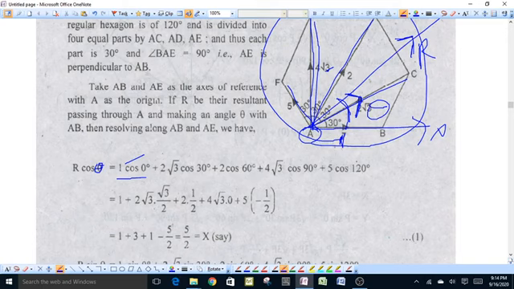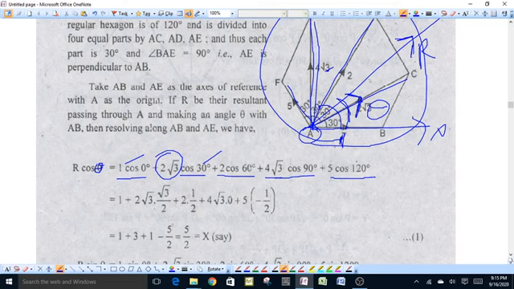The second force, which acts along AC, whose magnitude is 2, makes an angle of 30 degrees with the positive direction of the x axis. Therefore its x component is 2 cos 30, and the third force, 2, makes an angle of 60 with the positive direction of the x axis: 2 cos 60, 4 cos 90, next 5 cos 120.